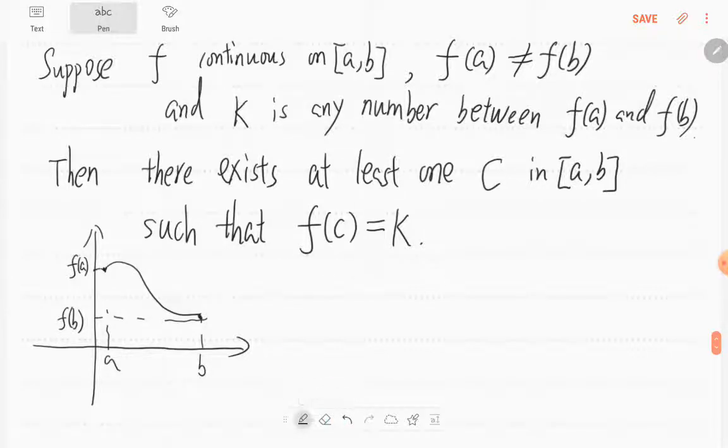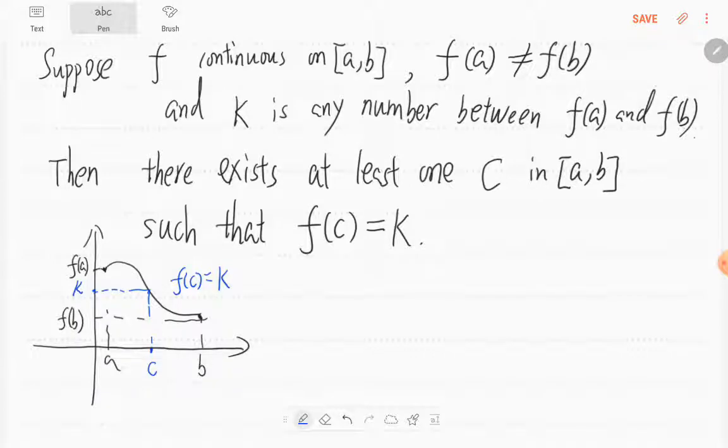It says you pick an arbitrary number k between f of a and f of b. There exists some c in [a, b] such that f of c is equal to this number k. At least one. Maybe two, maybe three, but at least one.